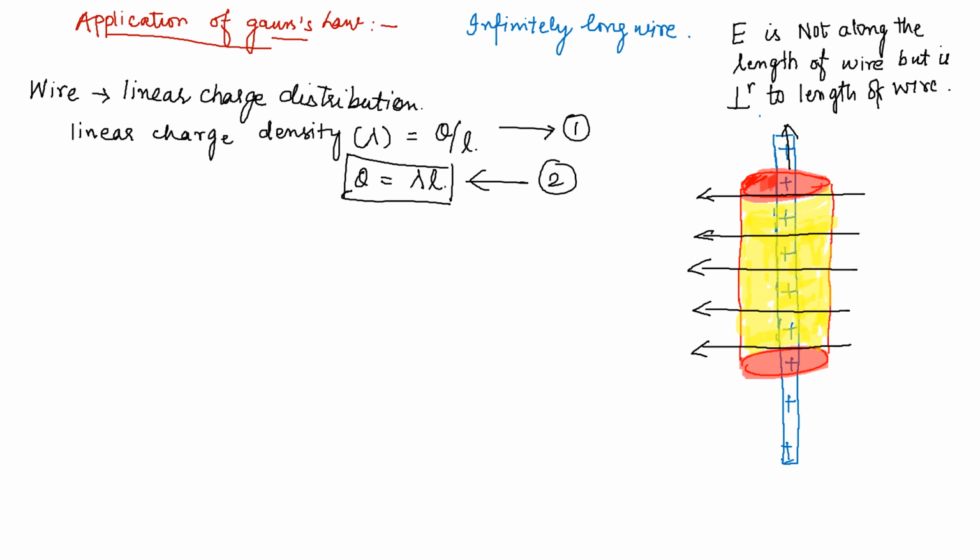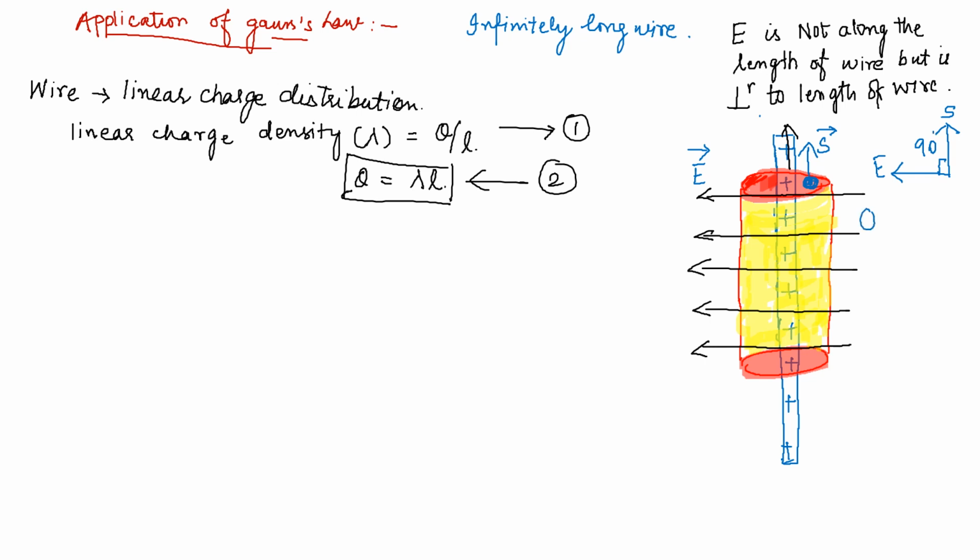Now the surface area vector from this point will be in this direction, like this. This is the surface area vector. These are the electric field vectors. So area vector S, electric field vector E. What is the angle they are making? 90 degrees.